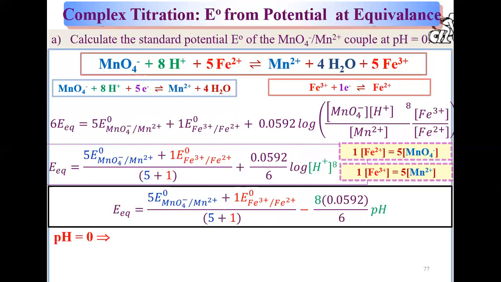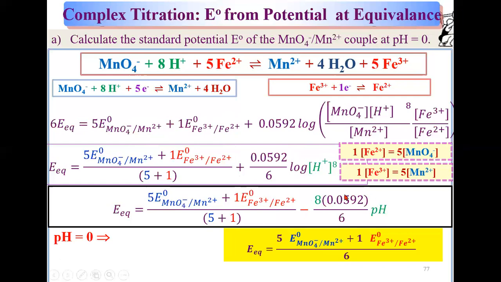And when the pH is 0, this is nice enough, this whole term cancels and we're simply left with the expression for E at equilibrium at the equivalence point for simple titrations.